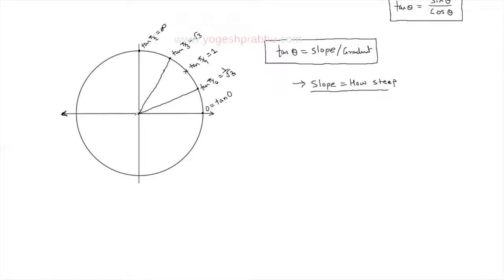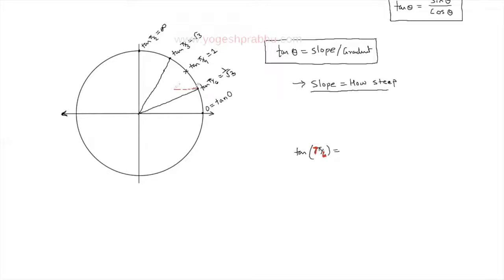slope of a line. So let's just say I have to find out tan of 7 pi by 6. How will you find tan of 7 pi by 6? If you have to use this technique, first you will find out where is 7 pi by 6. 7 pi by 6 is in the series of pi by 6, which starts here.